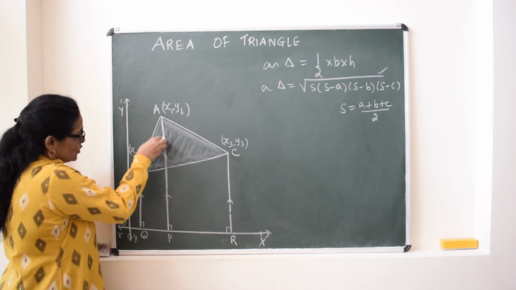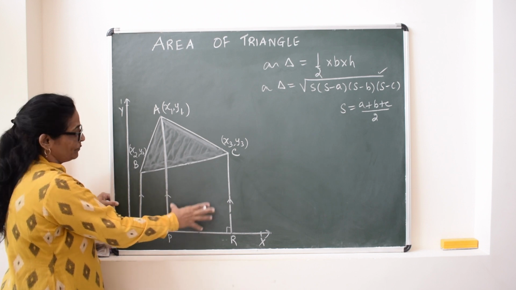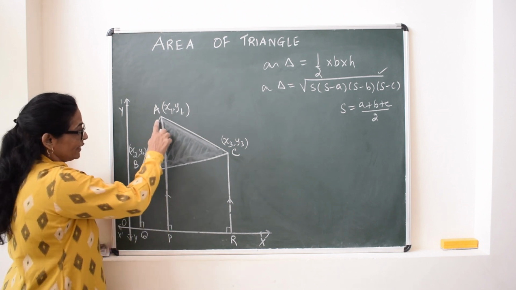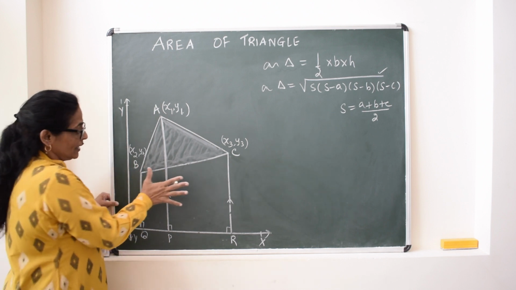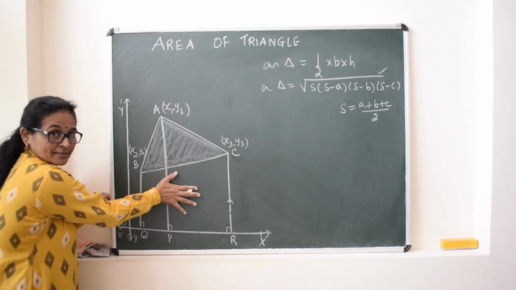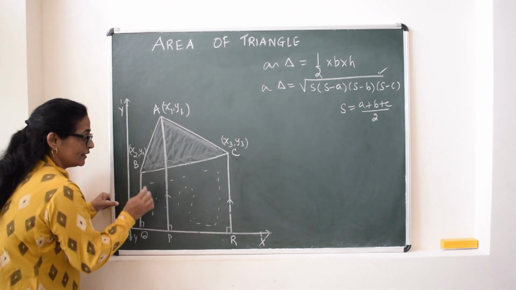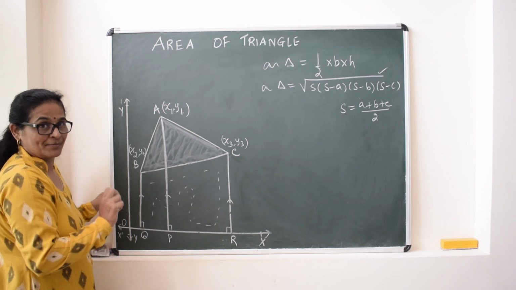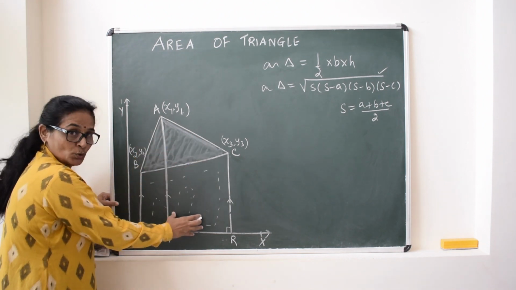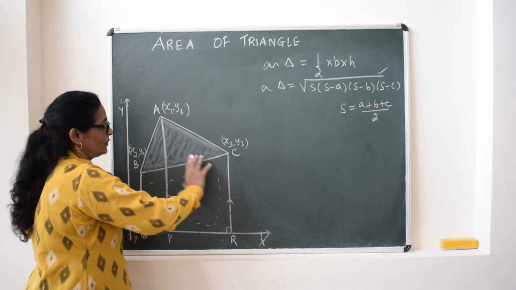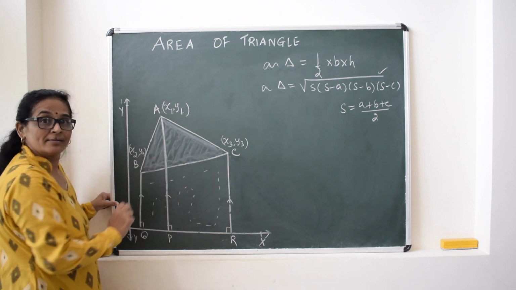So just see that this trapezium plus this trapezium gives the total area ACRQB. From there, if we subtract this part, this also is a trapezium. So trapezium 1 plus trapezium 2 minus this trapezium will give us the area of triangle ABC.